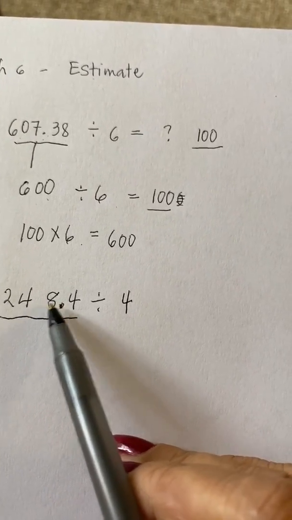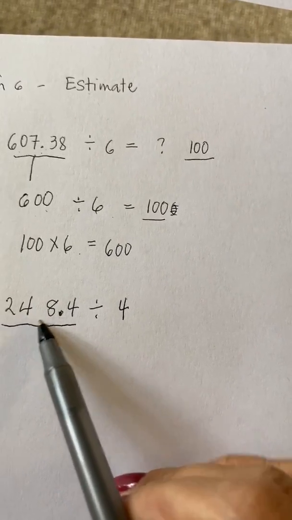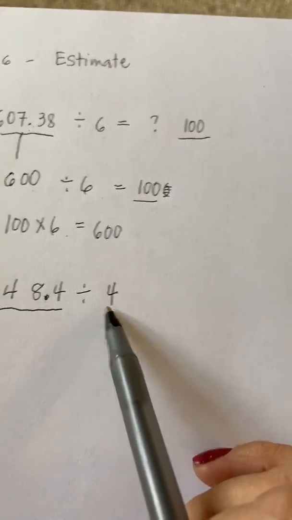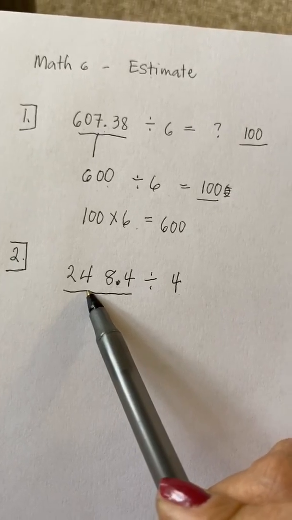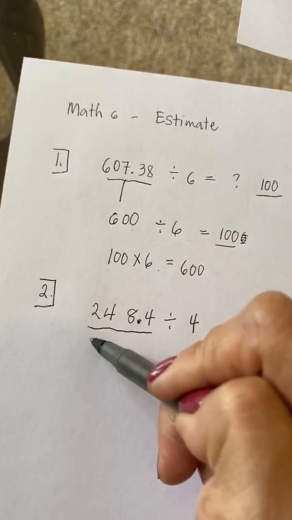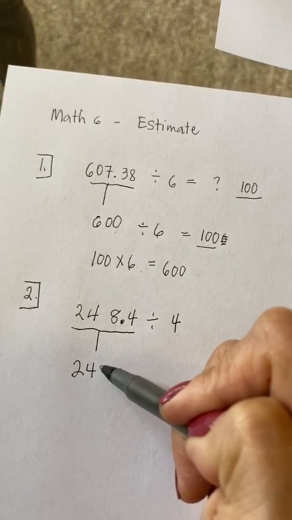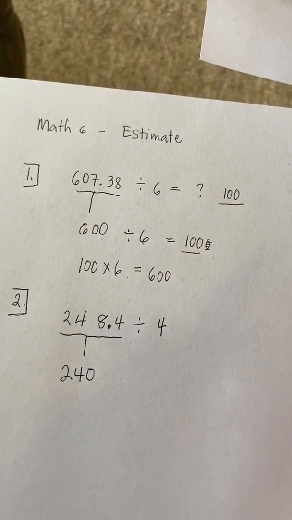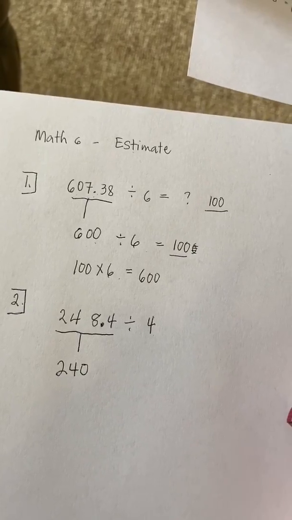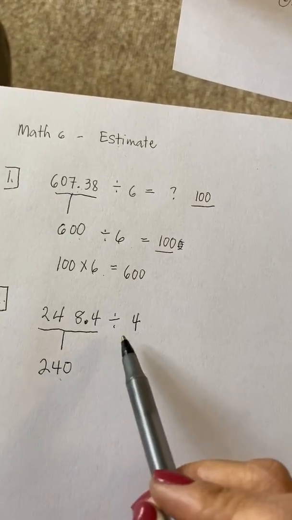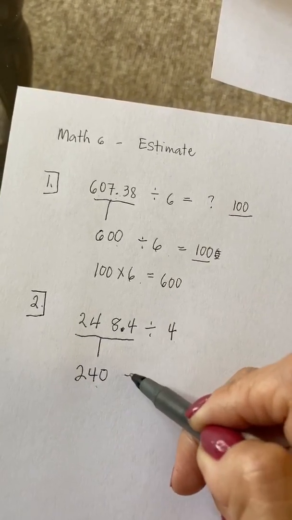And 48 is a lot of number that you can divide 4 with. So the greatest place value that I'm gonna do here will be 240. So it will now become 240 divided by 4.